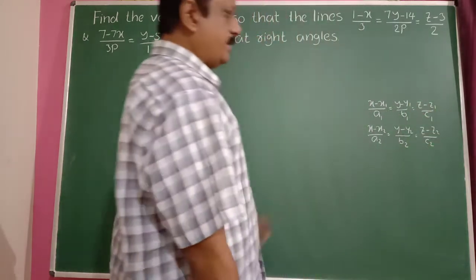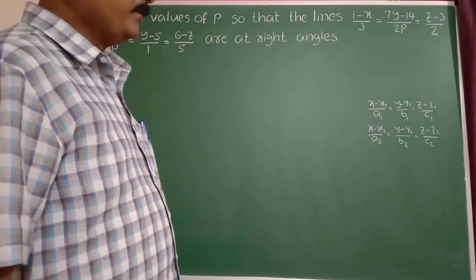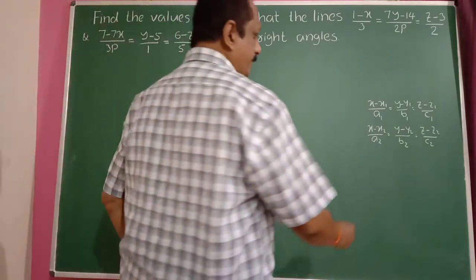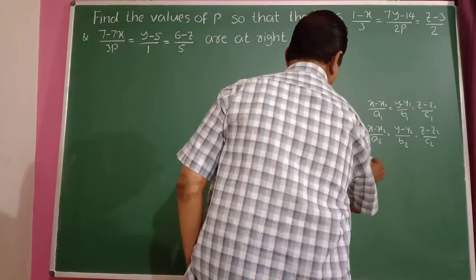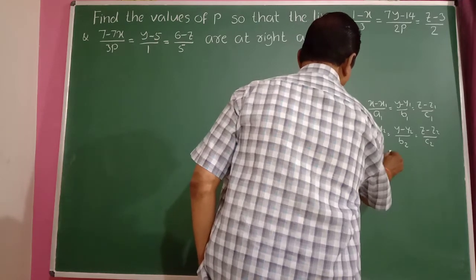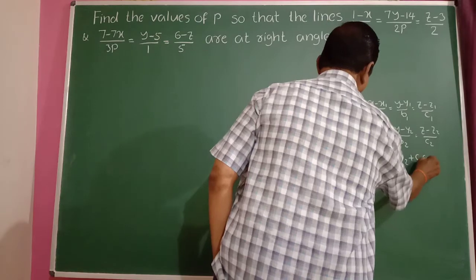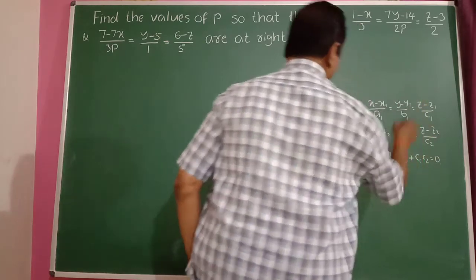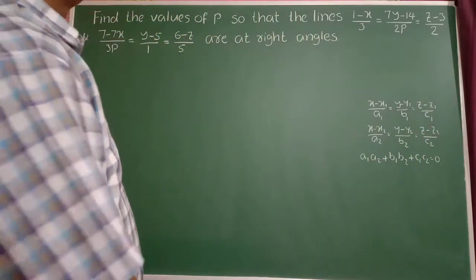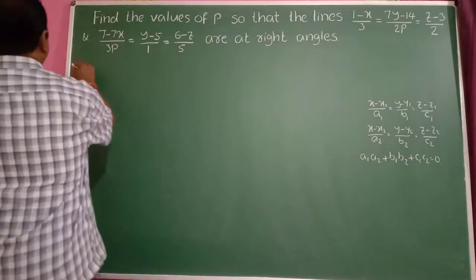Write the equation in this form. And two lines are perpendicular if and only if a1 a2 plus b1 b2 plus c1 c2 is equal to 0. Using this formula.